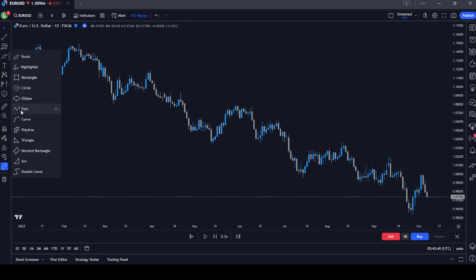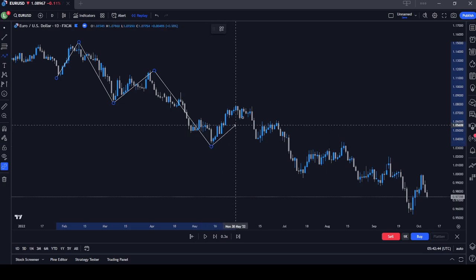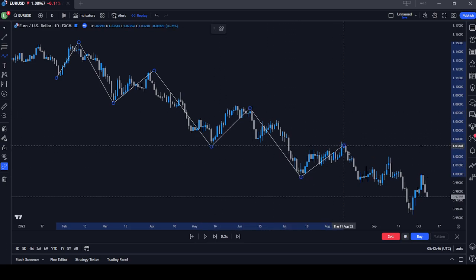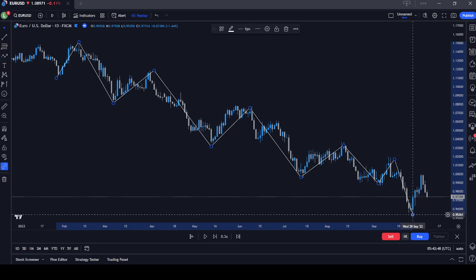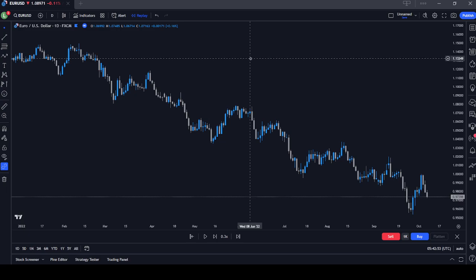We can see that price is pushing us to the downside, which means price is creating lower lows and lower highs. Simple as that. So a downtrend is the formation of lower lows and lower highs, right?